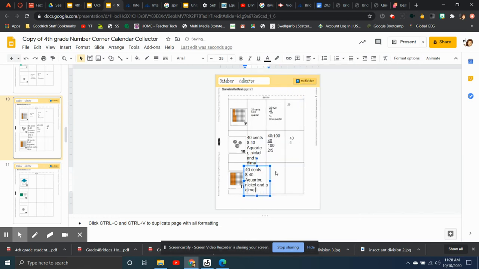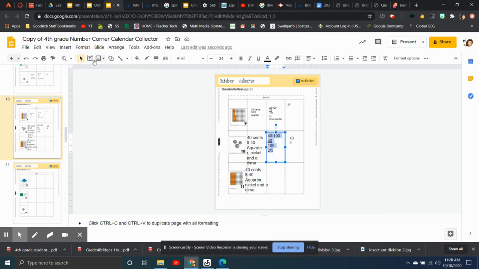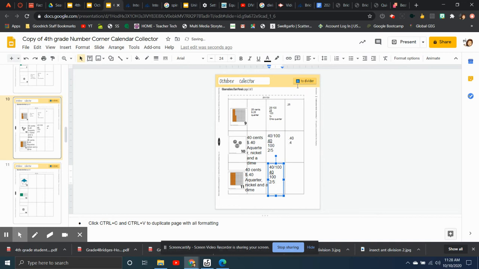Okay. And this, well, guess what? It's going to be the same exact thing as this. It's just another way to represent it using base 10 blocks, which you were using in your math last week. That's kind of why we did that.